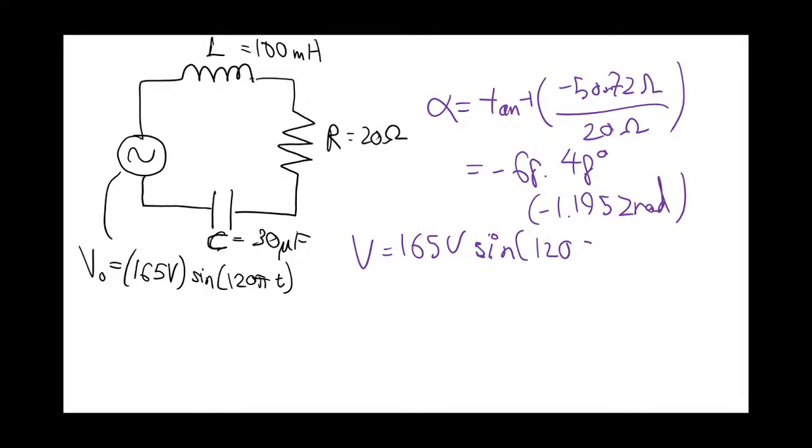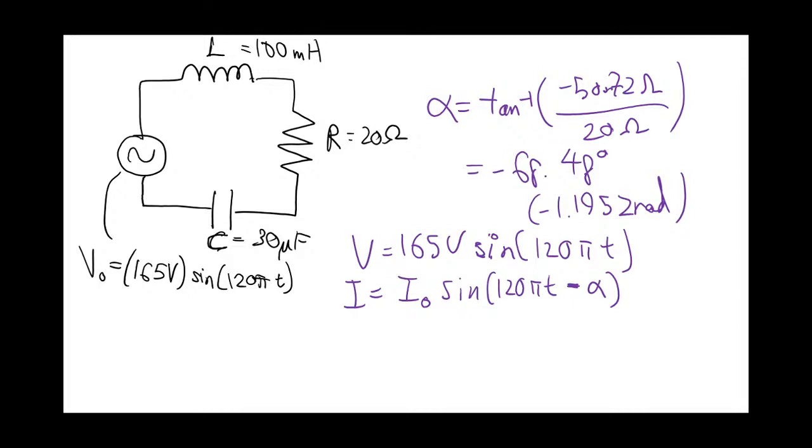So if this is the starting value, you're going to have the current having the same omega, but I put minus here. That's what made everything make sense now.